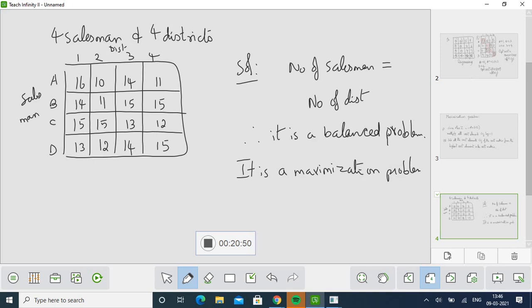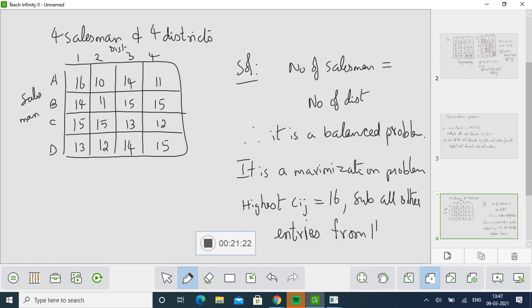Therefore, what is the highest cost Cij? The highest Cij is 16. Subtract all other entries from 16.